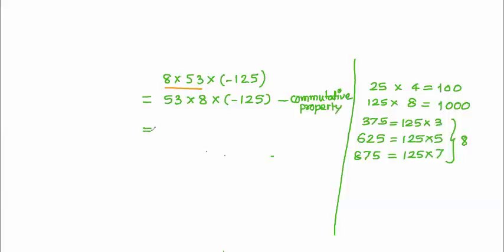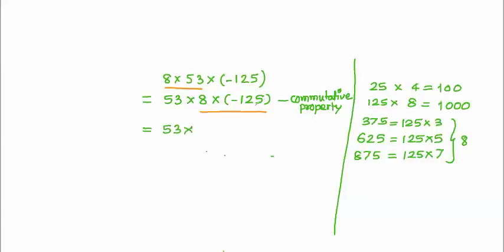Now, using the associative property, instead of doing 53 into 8 first, we are going to do this multiplication first. And we know that the associative property allows us to change the order of multiplication. Hence, we keep the 53 as it is and multiply 8 into 125.